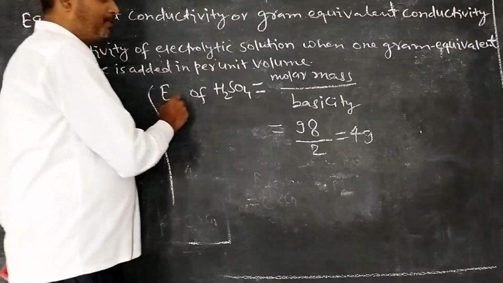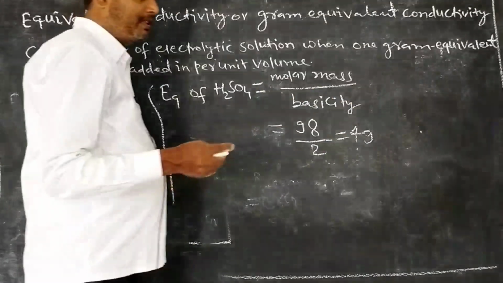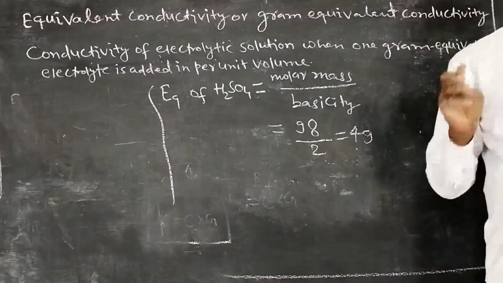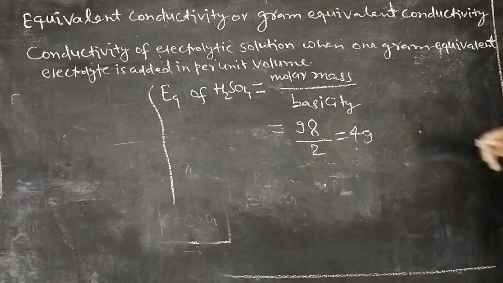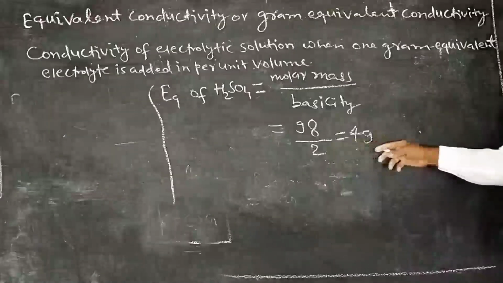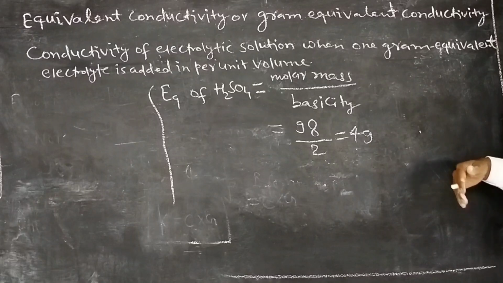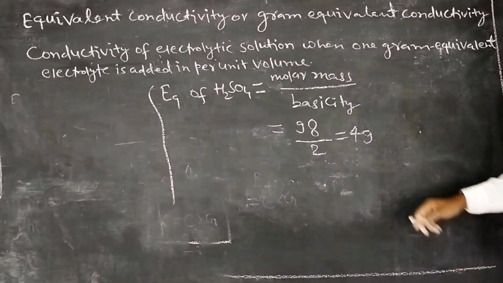Similarly, the equivalent weight of sulfuric acid is 49 gram. If 49 gram sulfuric acid is taken, then we say it is 1 gram equivalent. If double of 49 is taken, then we say 2 gram equivalent sulfuric acid is taken.